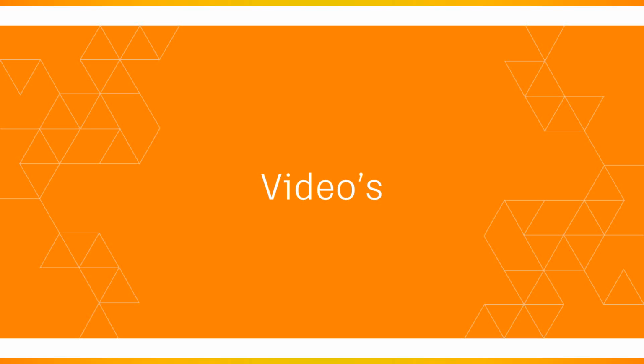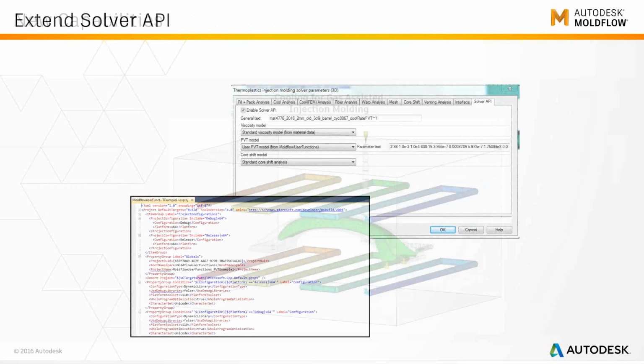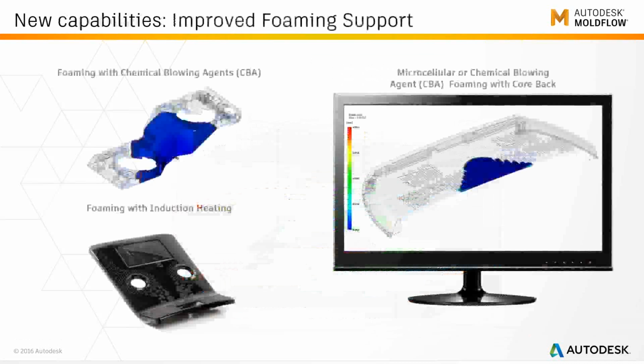Are there any more questions? Yeah, Hanno, there's a couple of questions about the new chemical blowing agent simulation. Wanted to reiterate that this is sort of a variant of the MuCell process, right?